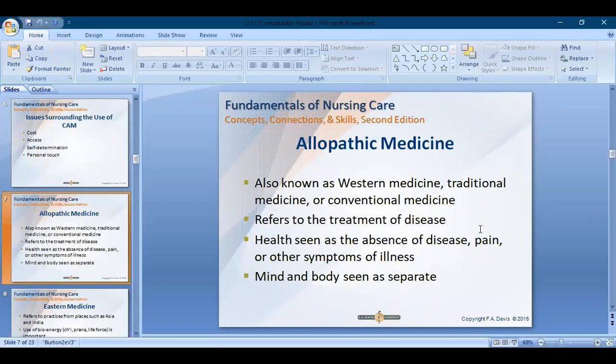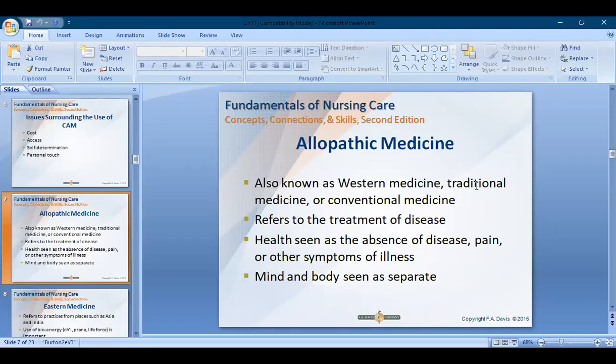Allopathic medicine is also known as Western medicine, traditional medicine, or conventional medicine.